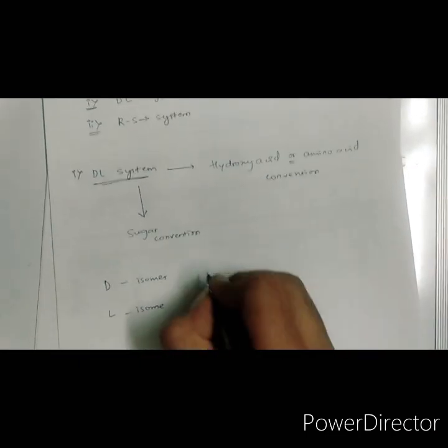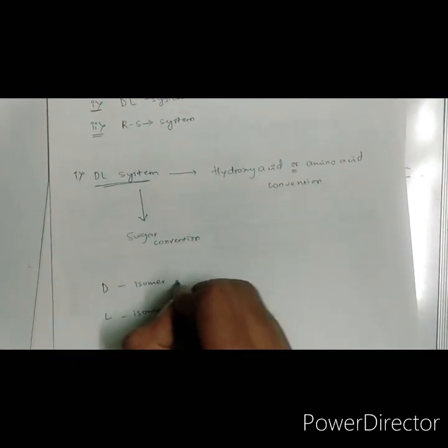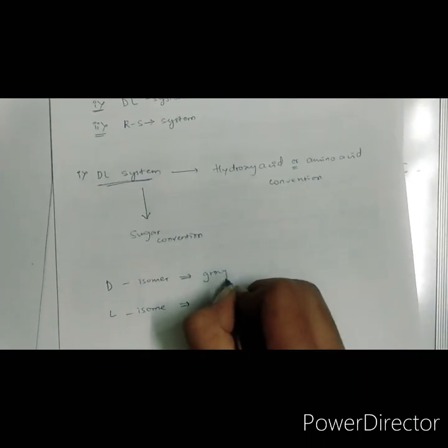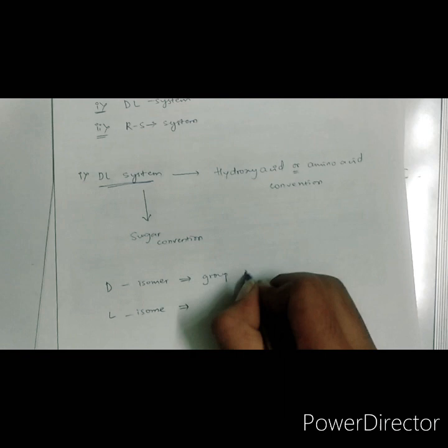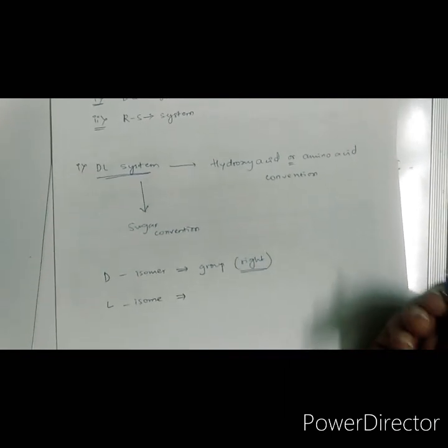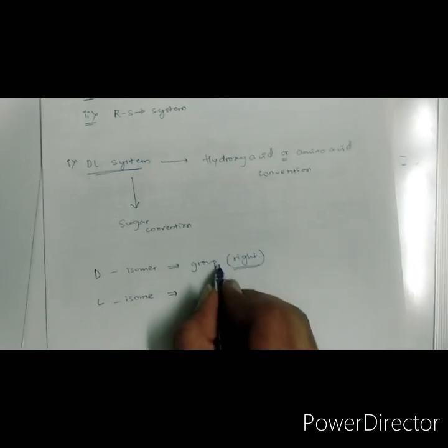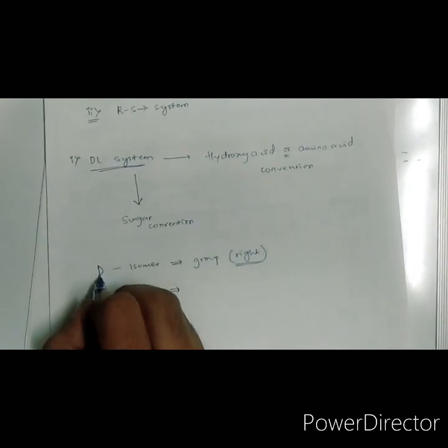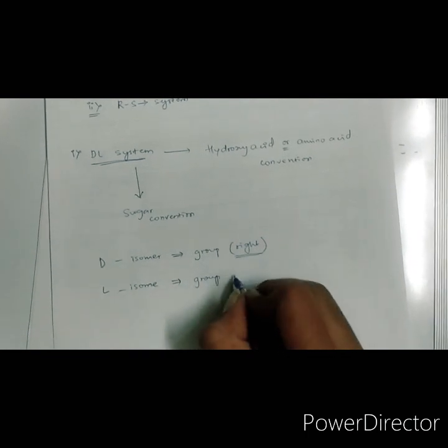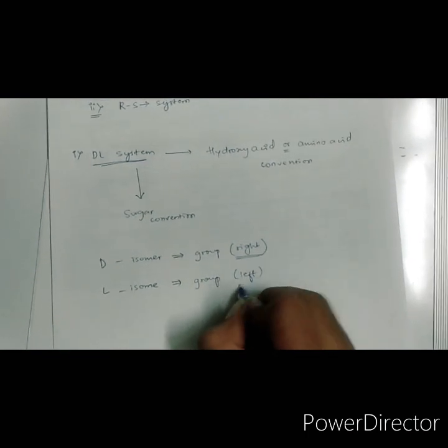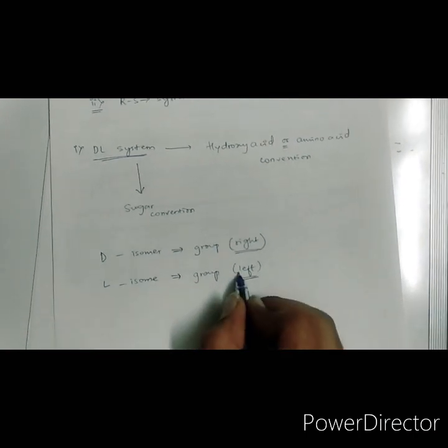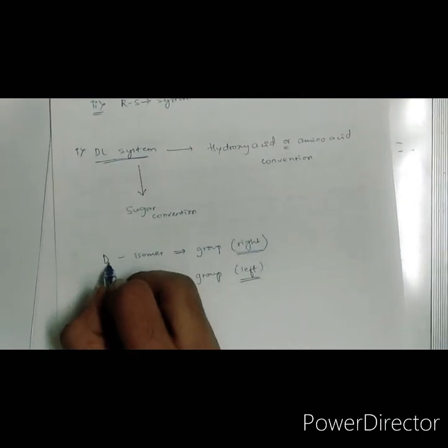If the specified group is present on the right hand side, then that isomer is defined as D isomer, and if the specified group is present on the left hand side, then it is defined as L isomer. L is for left while R is for D isomer.